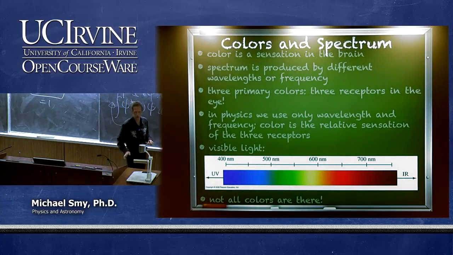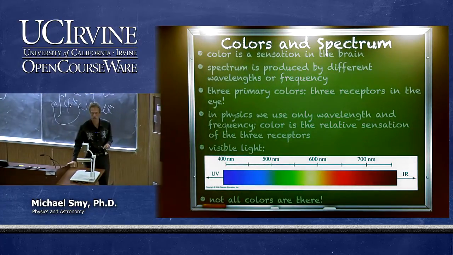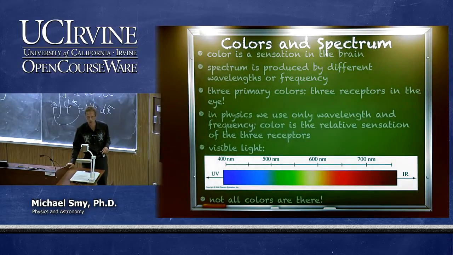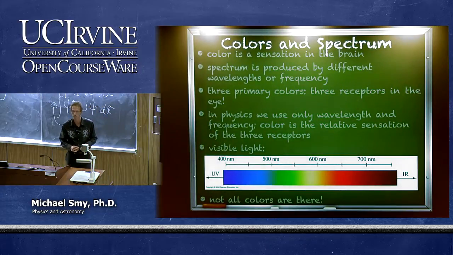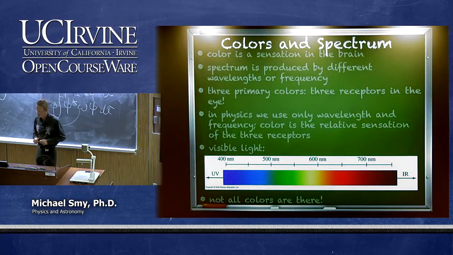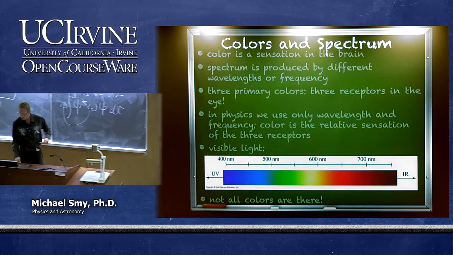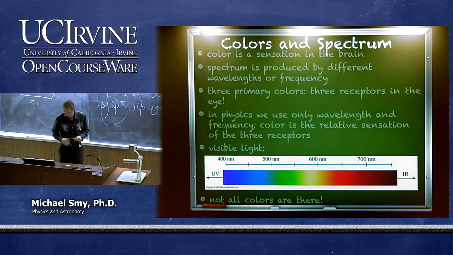Just like for sound, there are two things. There's the physical phenomenon, and there's a sensation in our brain. The latter is not just determined by the physics, but also by how our eyes are constructed. So the spectrum is produced by different wavelengths or frequencies.